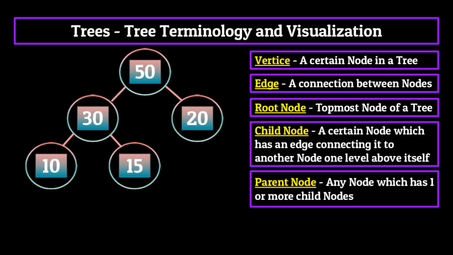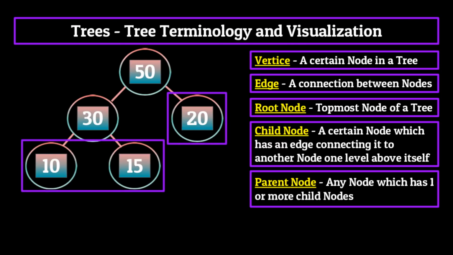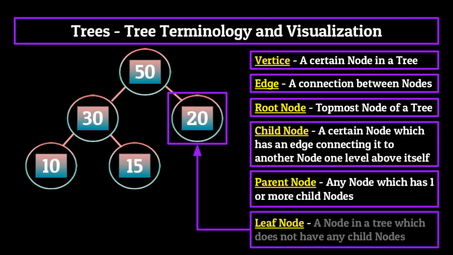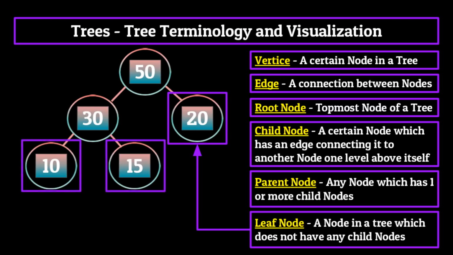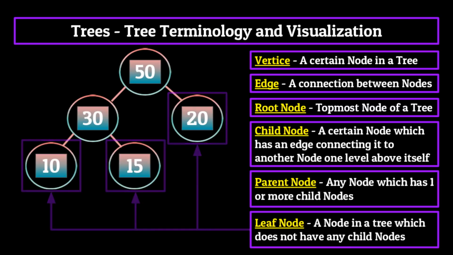We have now branched off from the 20 node completely, in that the two child nodes, containing the integers 10 and 15 respectively, share no direct association with it. Speaking of the 20 node, since it does not have any children, it is what's known as a leaf node, or a node in a tree which doesn't have any child nodes. In this context, the 10 and 15 nodes would also be leaf nodes.